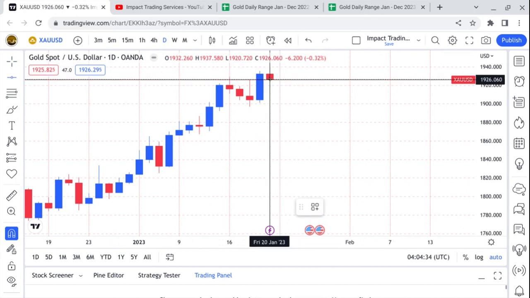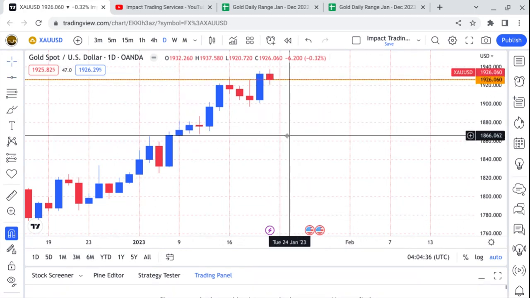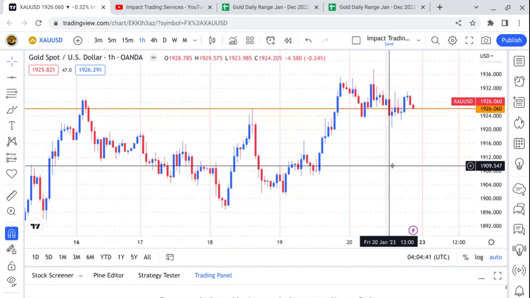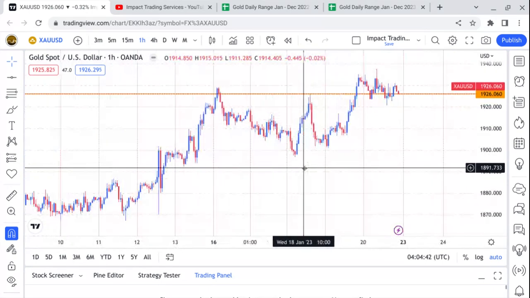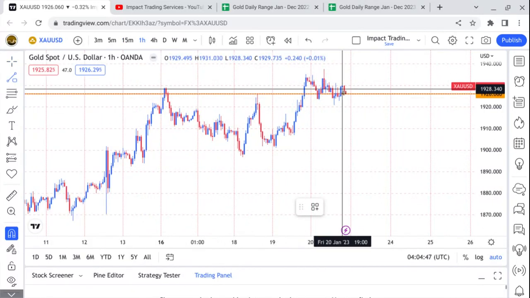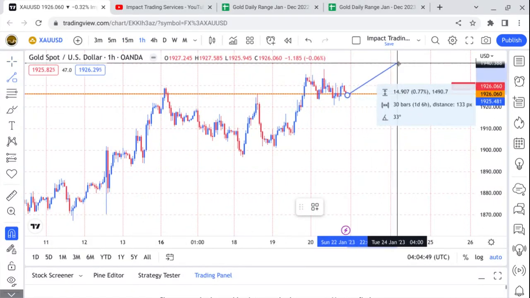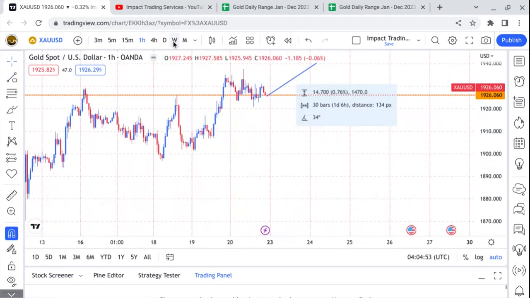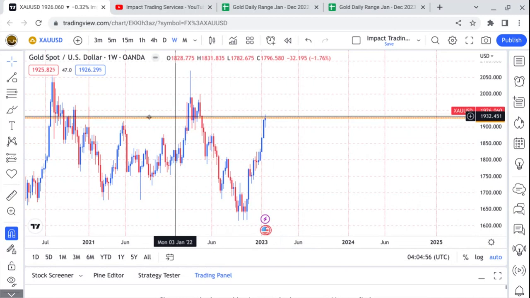Gold is starting here on the week, and then on our planning day, what we can do is we can measure up and down 4,000, 5,000 pips as we plan this week out for our day.